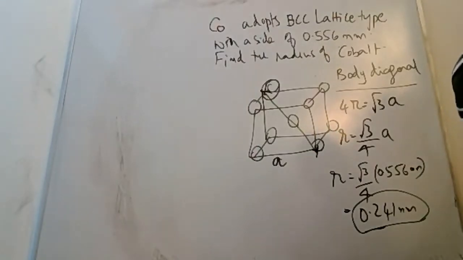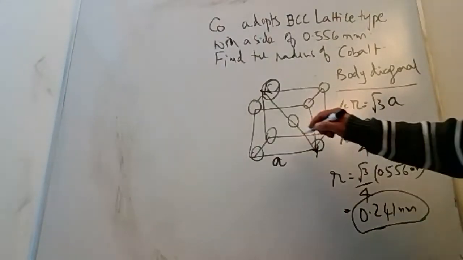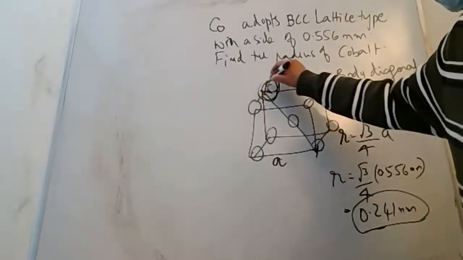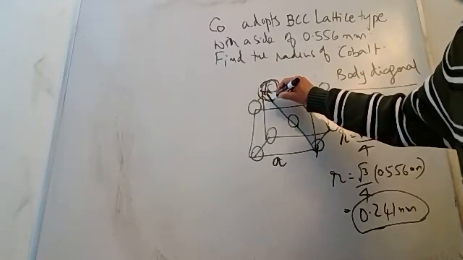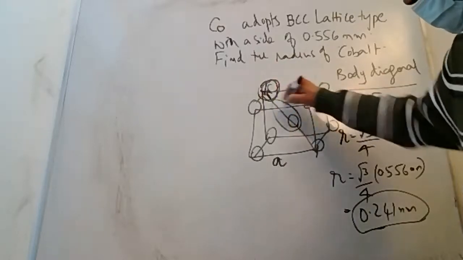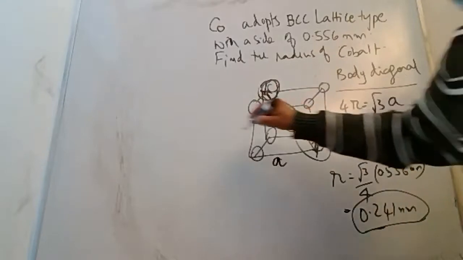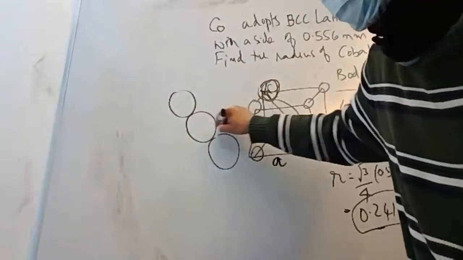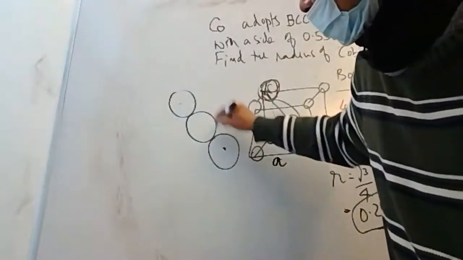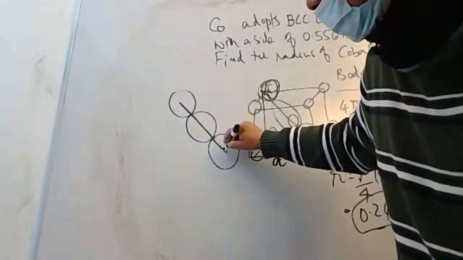I was just wondering, where were you getting the 4 from for 4r? 4r, if you look at this, right? If you look at the corner atom, it contributes only half of its radius here. You can imagine these are all touching here, okay? So along the body diagonal, the atoms are touching like this. So that's the length of your body diagonal.